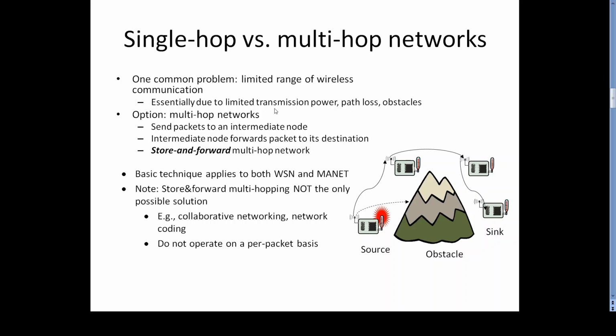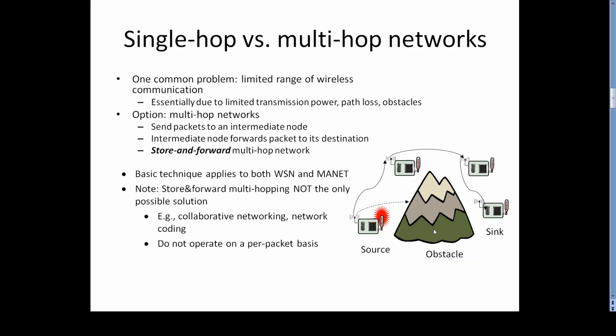This is the major and common problem, so to avoid it we go for multi-hop networks. As you can see here, this is the sender and this is the receiver, and obviously there is an obstacle present, so sending data to this sink is difficult.